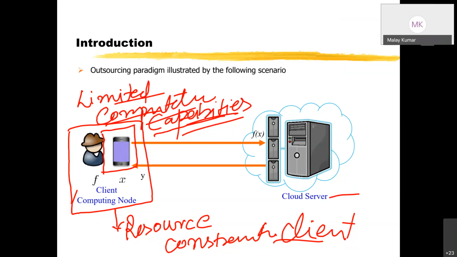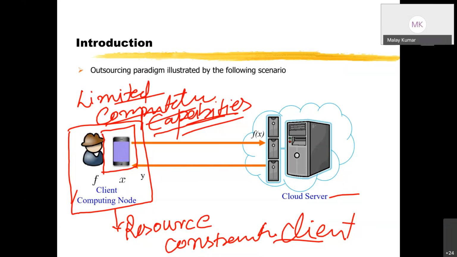Are you getting my point? Although this entire outsourcing paradigm looks very promising, a needy, resource constrained client wants a high end system, so he is paying something to use the functionality of a cloud server, and in lieu of that, his computation is performed over the system.